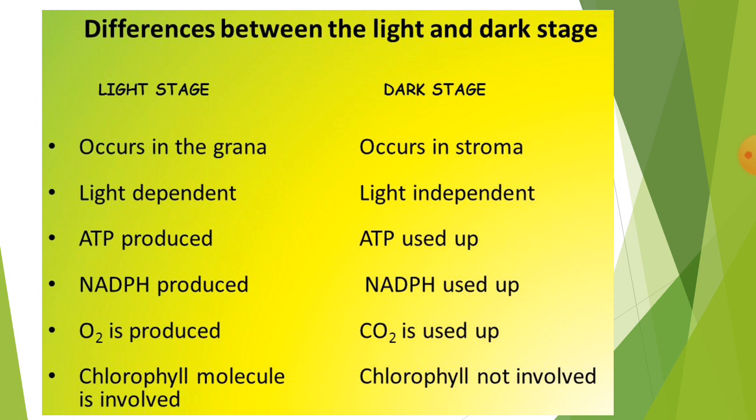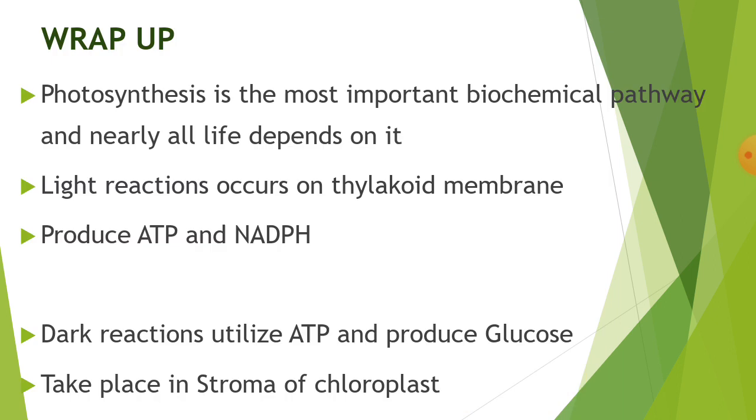In the light stage, ATP is produced and NADPH is also produced, whereas in dark reactions, ATP and NADPH both are used up, consumed, right? And oxygen is produced in the light reactions because water was broken, and here carbon dioxide is used as it joins with the 5 carbon compound. Chlorophyll molecule is involved in the light reactions and not in the dark reactions.